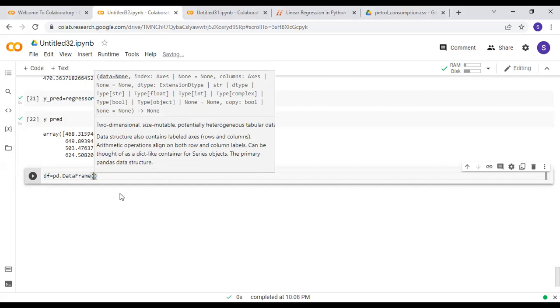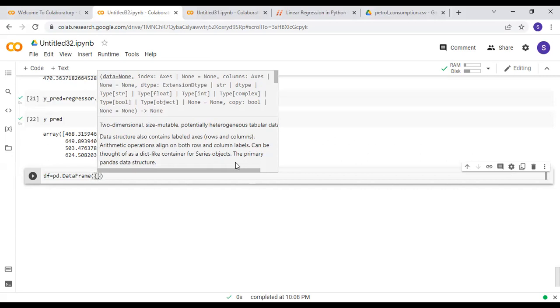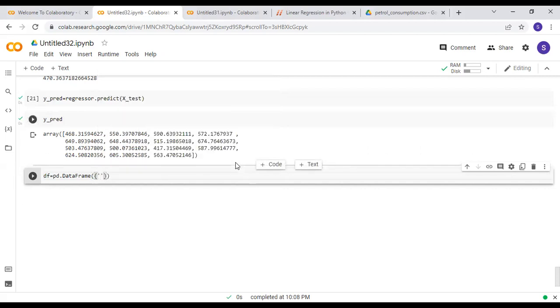If I want to see the predicted value with respect to the actual value, I'm writing actual.